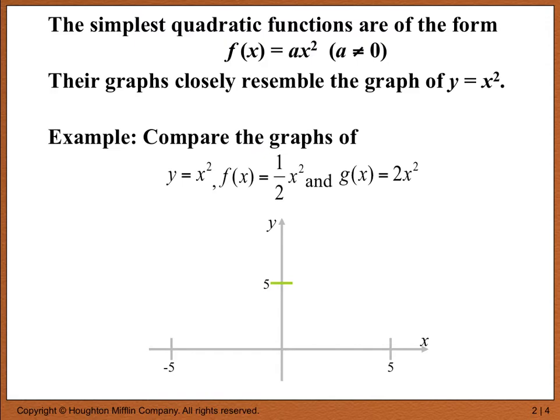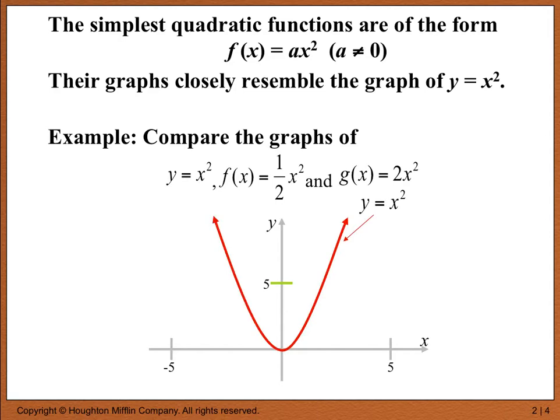So compare the graphs of y equals x squared, f of x equals 1/2 x squared, and g of x equals 2x squared. And you could probably sketch these on your own, because this is a good review of vertical stretching and vertical shrinking. So pause the video, sketch those on your own, all in the same pair of axes, and then resume when you have an answer.